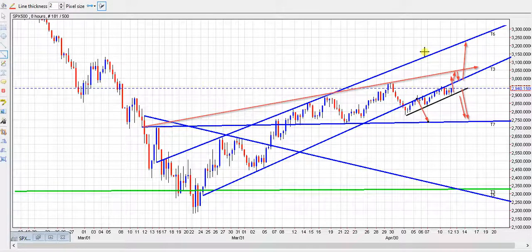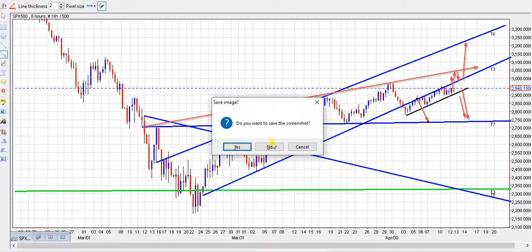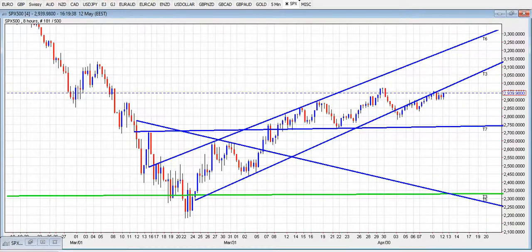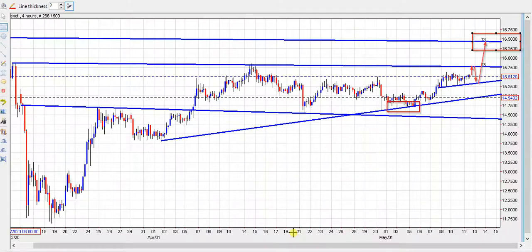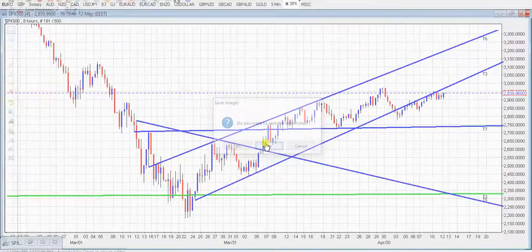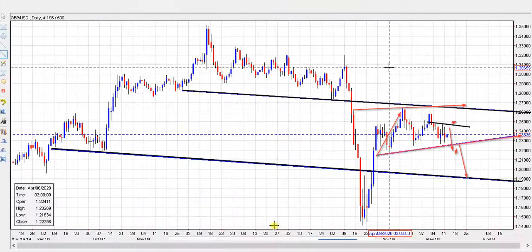But as long as money keeps flowing into the stock indices and stocks, S&P right now is taking its time. And we did this, the silver again. Okay, the pound.